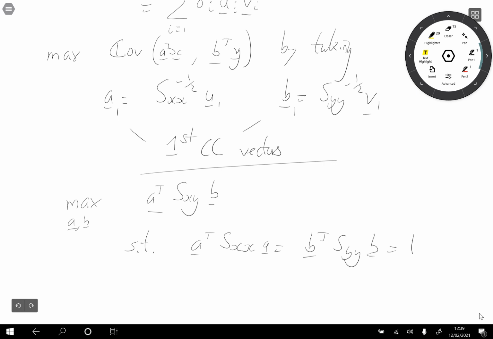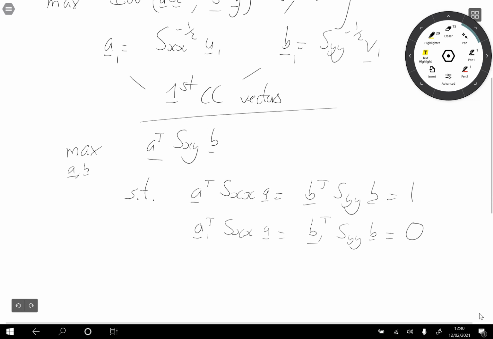But now we're also going to want some correlation constraint as well. I'll tell you the constraint first, and we'll see why it's a sensible constraint. We're going to insist that A1 transposed SXX A equals B1 transposed SYY B equals 0.